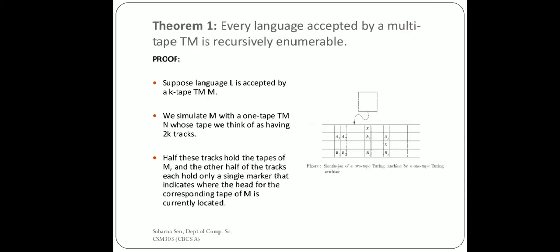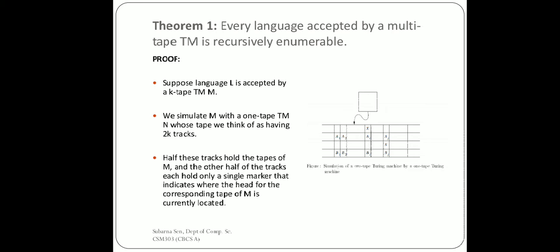So we will try to prove it. Let us see how we are going to compare these two. We suppose here that a language L, which needs to be recursively enumerable, is accepted by a k-tape Turing machine M, right? In a k-tape Turing machine M, there are k tapes, meaning, as we saw before for multi-tape, how many tapes there are.